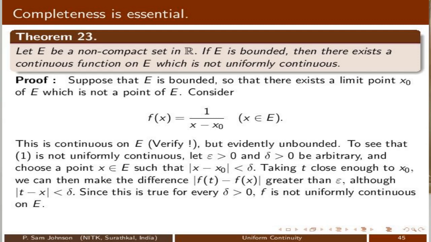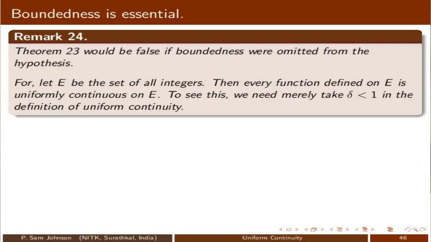Suppose a set E is bounded and non-compact, so it is not closed, then there is a limit point x naught which is not a point of E. Then consider the function f of x equal to 1 over x minus x naught. You can show this function is continuous but unbounded, and by using the epsilon delta criterion, you can show this function is not uniformly continuous on E. But we cannot say anything if the set is not bounded.